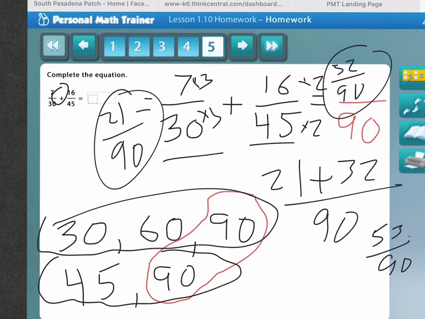Go ahead and check to see if you can simplify that, but there are no common factors between 53 and 90. Actually, 53 is a prime number. There's nothing, just 1 times 53 equals that, so that's the simplest form, 53/90ths.